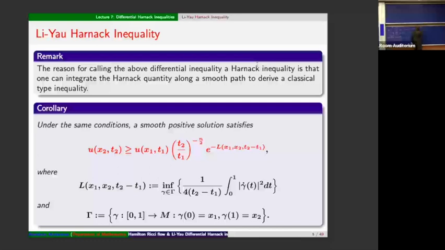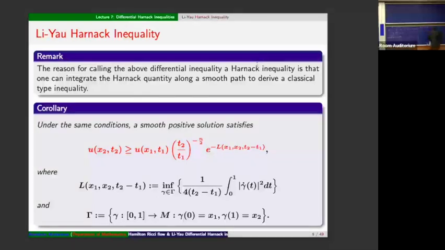So let's say we have a smooth curve from this interval to the manifold, such that gamma of 0 is x1, and gamma of 1 is x2. And from there, we defined the distance. Let me say this interval is [0, 1].